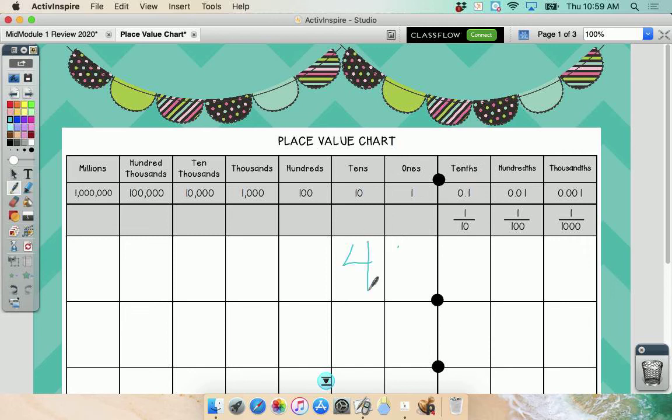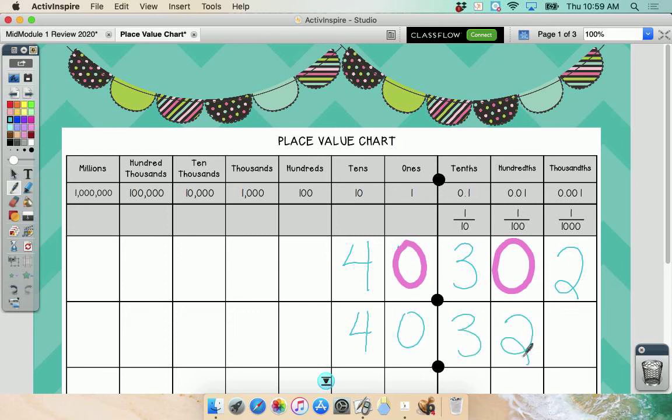Whoops. 3 tenths, 2 thousandths. So if I fill in with zeros, I have 40.302, and we're comparing it to 40.32. Okay, you write it as I'm writing it.